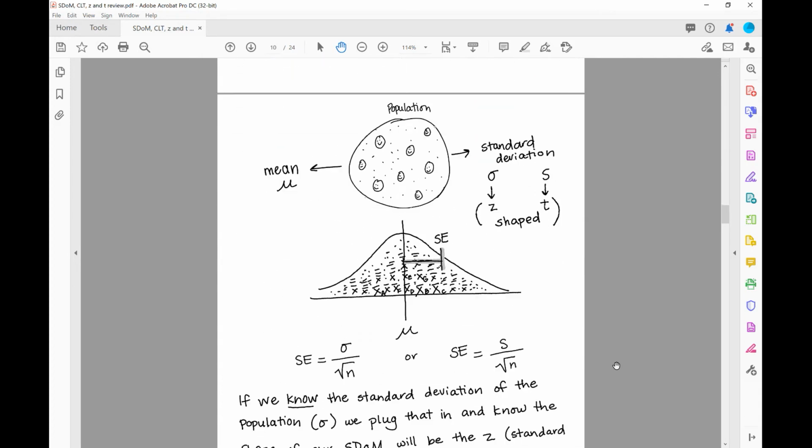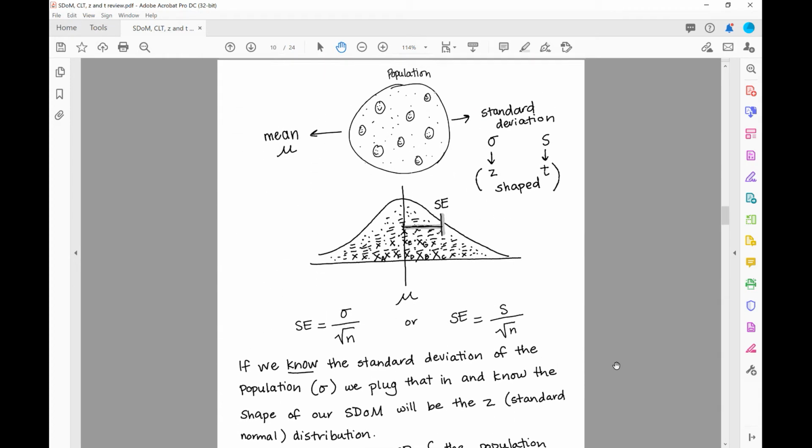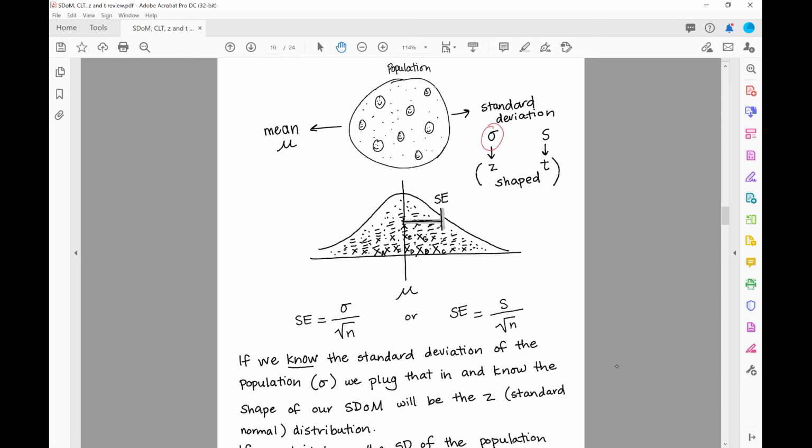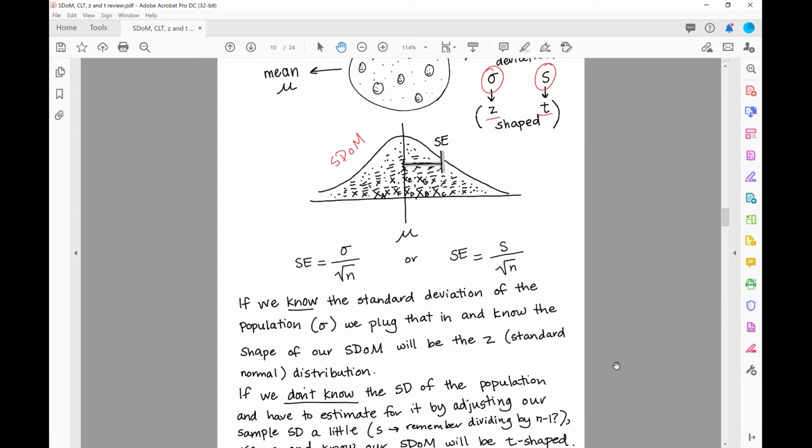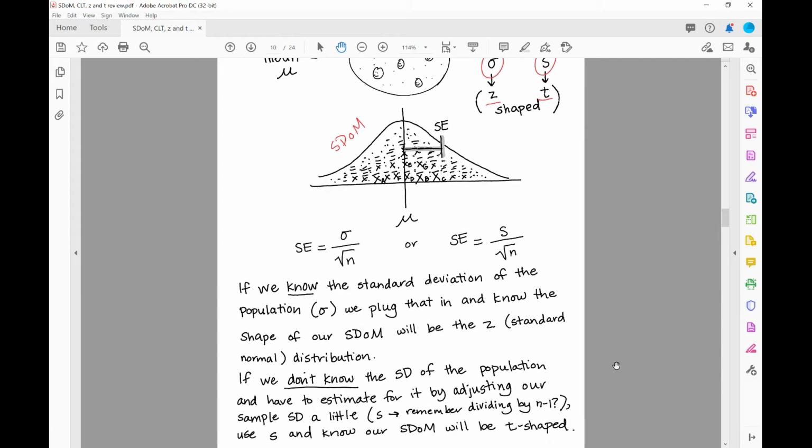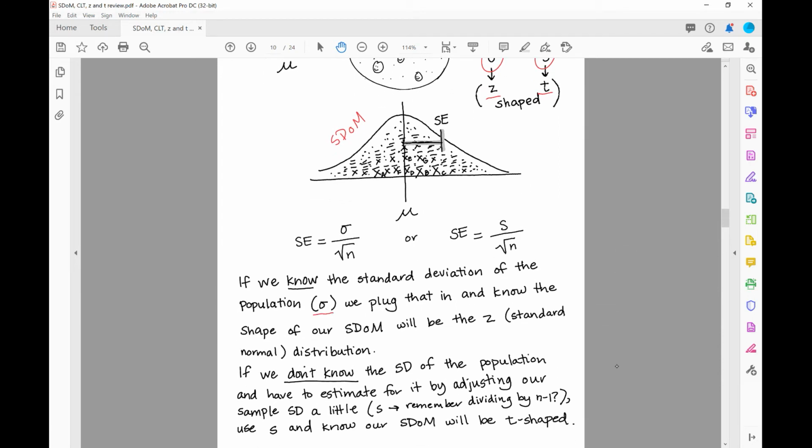Whether we know that sigma or we're estimating it, this is what determines the resulting shape of our SDoM distribution. If we know the standard deviation from the population, that sigma value, then we plug that in.